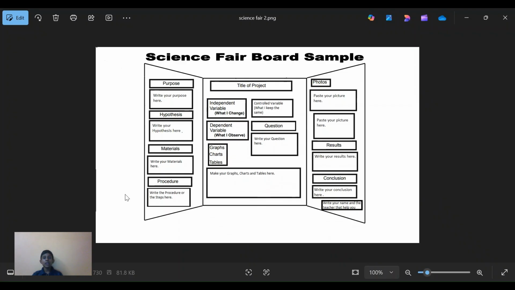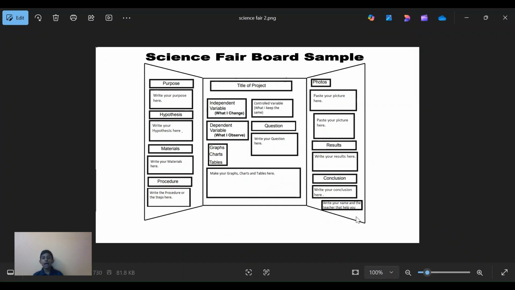Example is, the results of this experiment suggest that classical music may have a positive effect on bean plant growth, as the classical music exposed plant grew taller and produced more leaves than both the rock music and control groups.